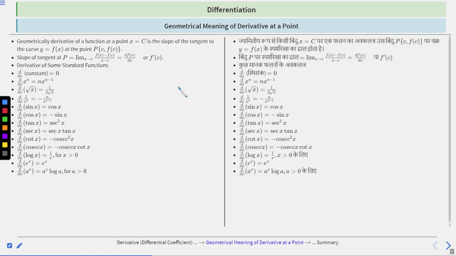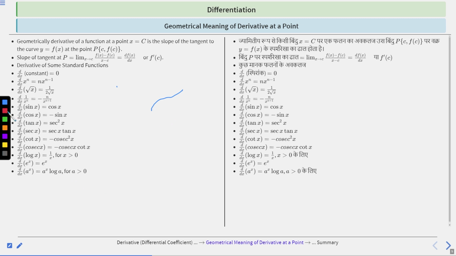Okay, so what is the geometrical meaning of derivative at a point? Geometrically, the derivative of a function at point c is the slope of the tangent to the curve y equal to f(x) at the point P(c, f(c)). Clear? Suppose we have a curve.